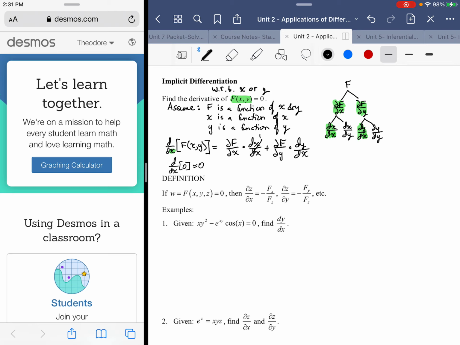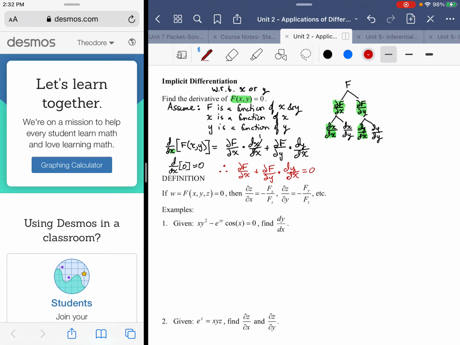All right, so now I can set these two expressions equal to one another, and that would give me, so therefore, partial f with respect to x plus partial f with respect to y times dy dx would be equal to 0.